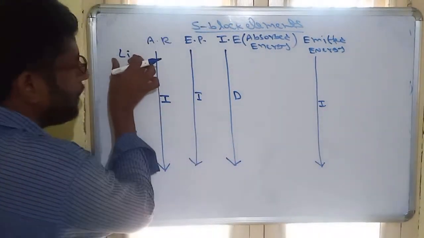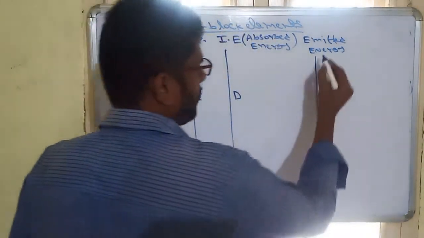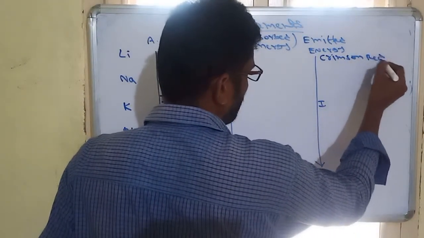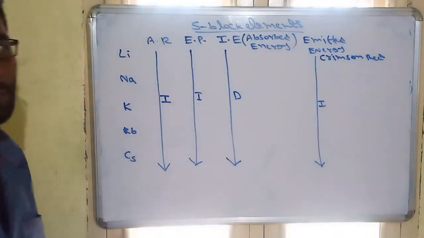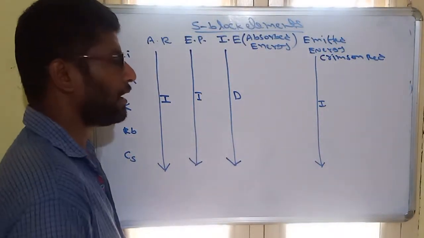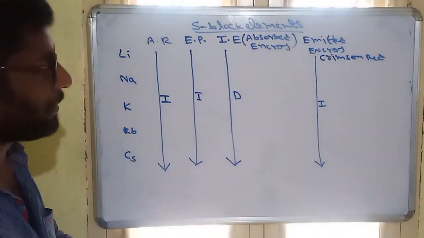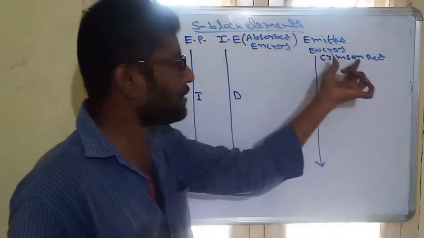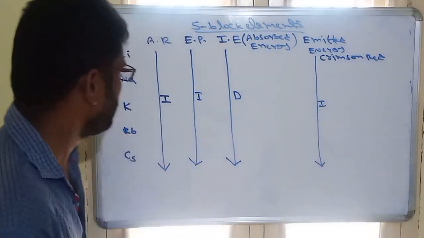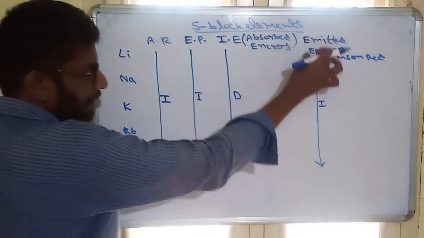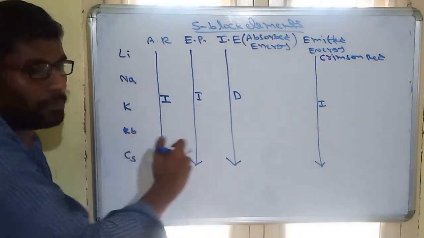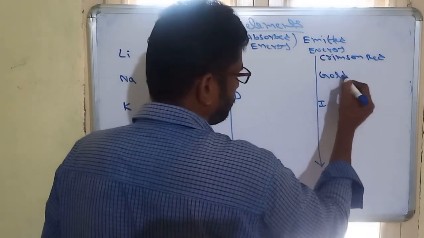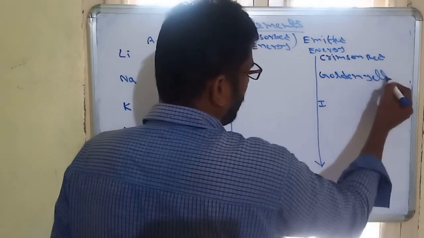Because of its low energy emission, lithium shows a crimson red color. Why? Because its emitted energy is very low compared with the remaining metals. Low energy means the color must be red. Similarly, top to bottom, emitted energy increases. Sodium releases more energy than lithium, so it shows golden yellow.